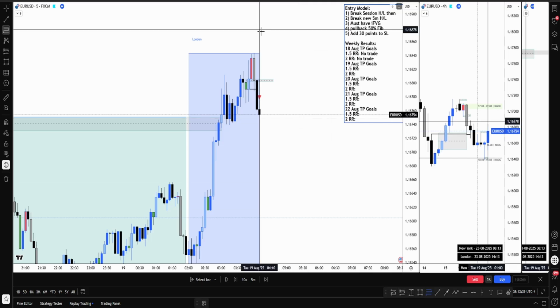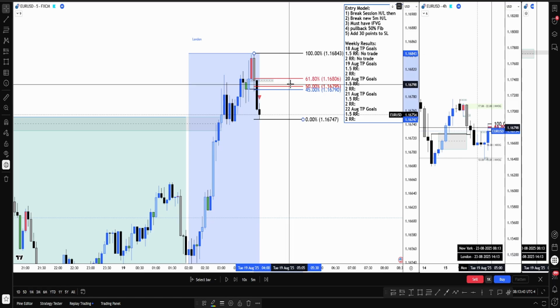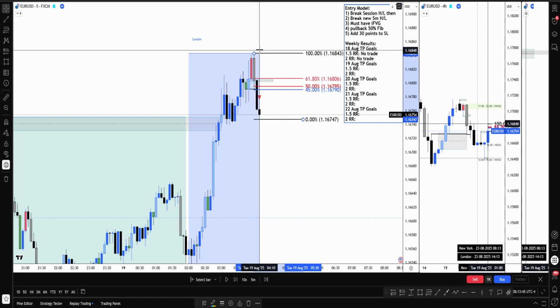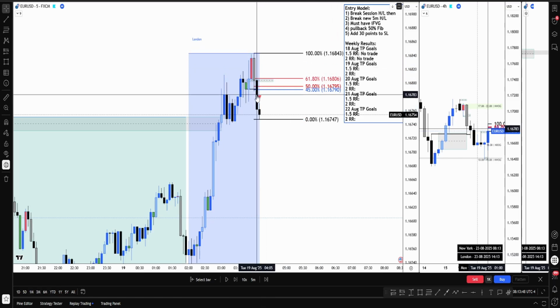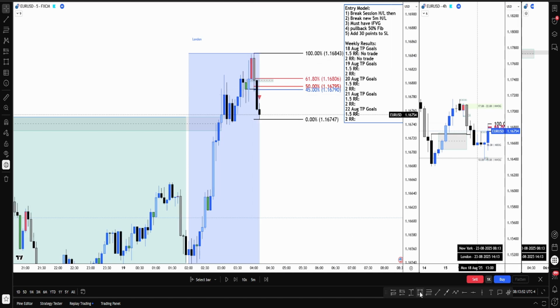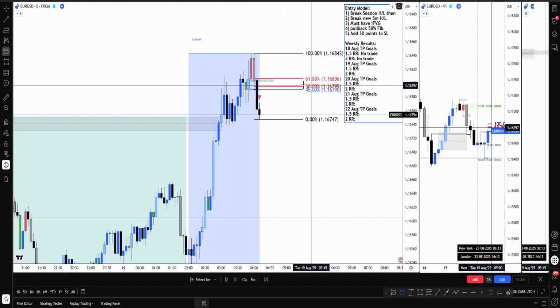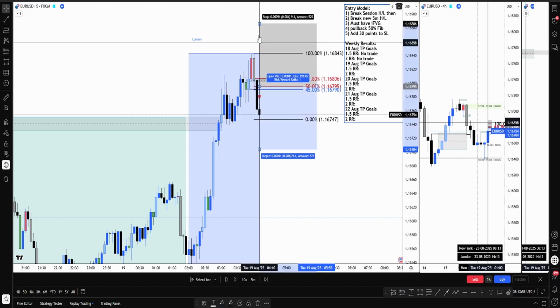So we are basically looking for a retest of the 50 or the last candle that created the high. Since the last candle is inside this 50% level, we might as well just do this.